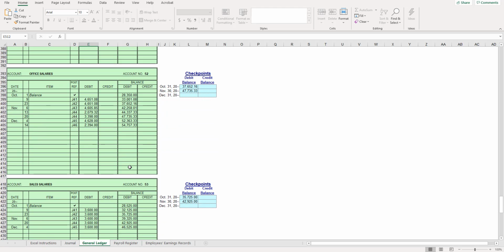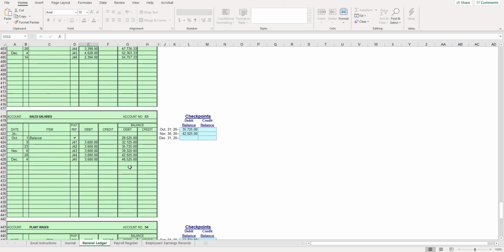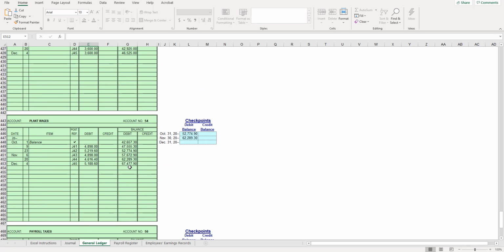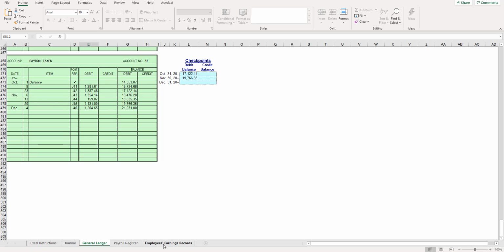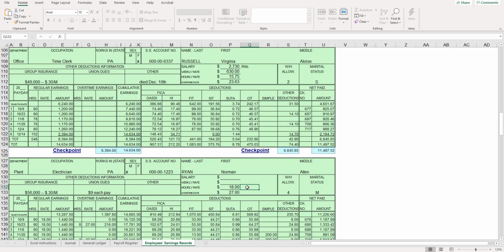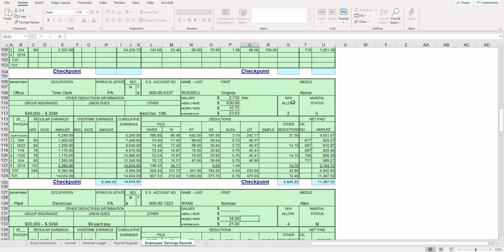Next, we'll go over to the employee earnings records area. For that one, it only affected one employee, which was Virginia Russell. You need to make sure you fill in her employee earnings record for Virginia Russell after that transaction. So you can check your work here.